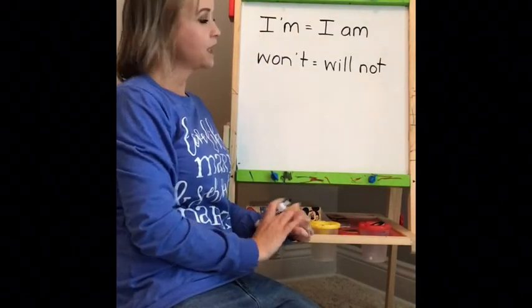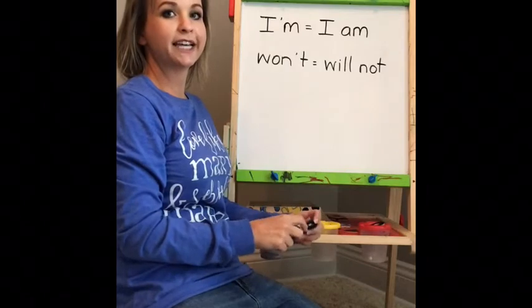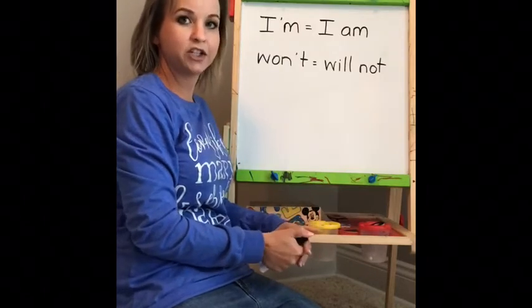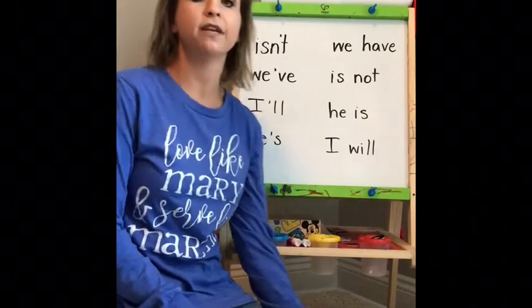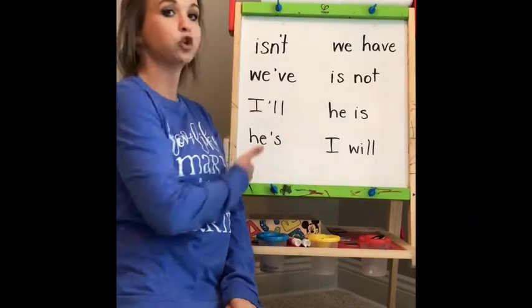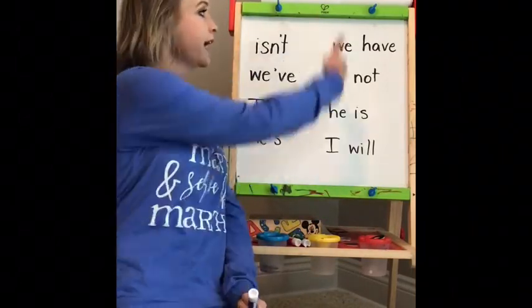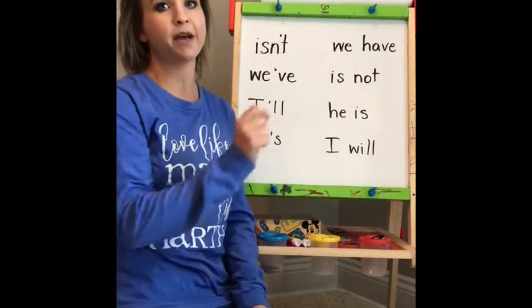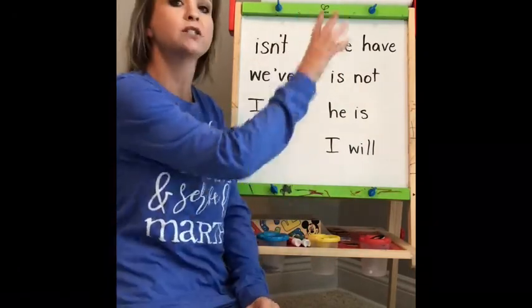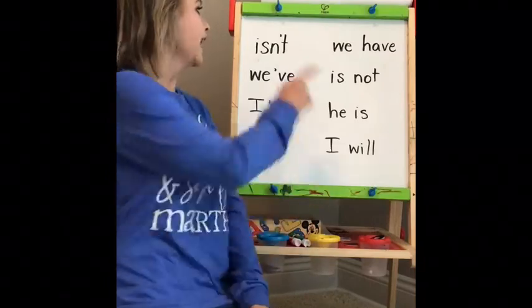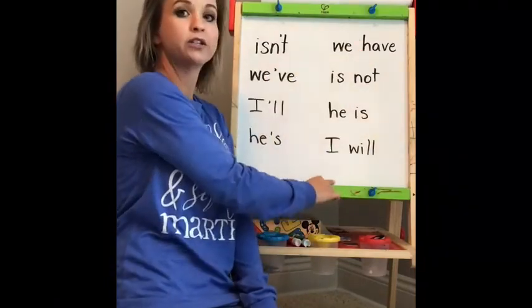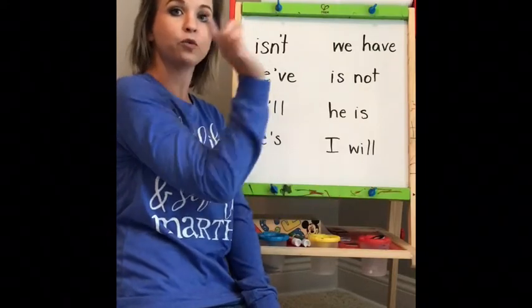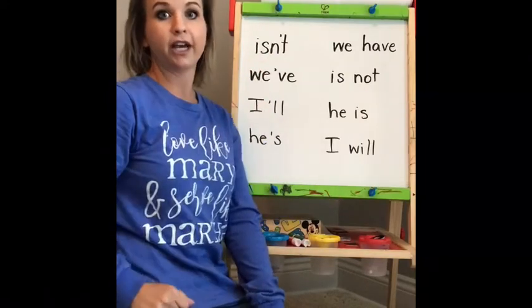Okay. I'm going to meet you back here in just a second, and I'm going to give you one more challenge. Okay, so I'm going to challenge you with this activity. I have a column of contractions, and then the next column are going to be the words that make up the contractions, but I have them mixed all out of order. When I read the contraction, I want you to look at the list of words that make up the contraction, and I want you to write them out, and then we're going to check, okay?